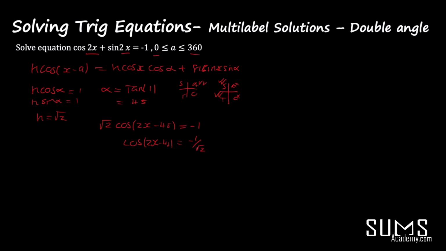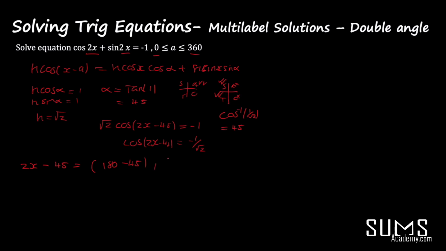I know that cos inverse of 1 over √2 is equal to 45. Okay, so I'm going to write it all over here. I need quite a lot of space for this. So 2x minus 45 is equal to, first of all, the second quadrant, which is 180 minus 45.